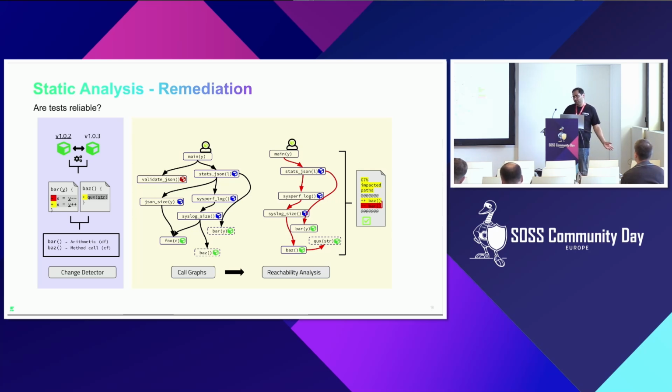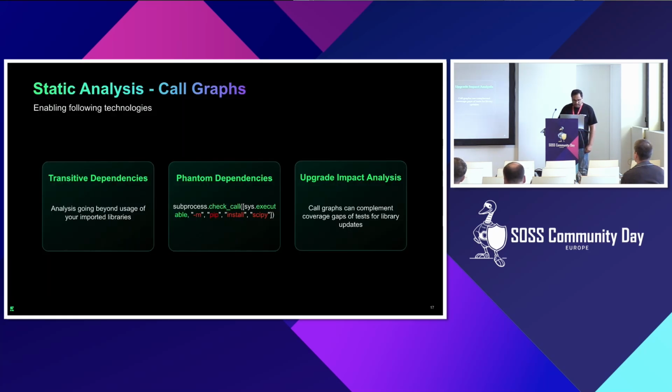Then, similar to vulnerability detection, you can plug in and see whether those functions are reachable in your application. If you find paths to those changed functions, you can focus and analyze whether those are breaking changes that impact your application or not.